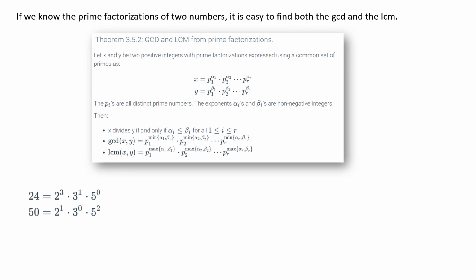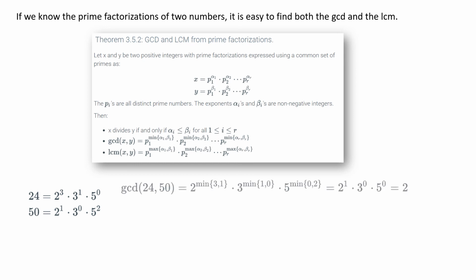So now you see that I have the same numbers, a 2 and a 3 and a 5. And if you look up in that theorem, you see that at the very top, x equals p sub 1 up through p sub r, and then y equals p sub 1 up through p sub r. Those little p's are all going to be the same exact set there. But again, if that prime factor was not supposed to be part of it, we'll just take it to the 0th power.